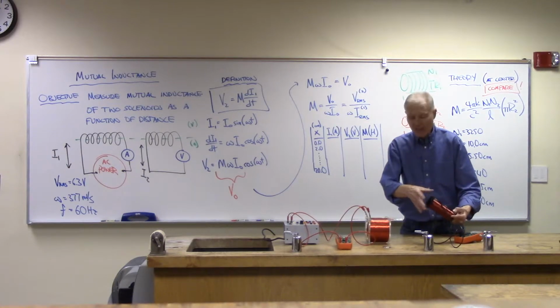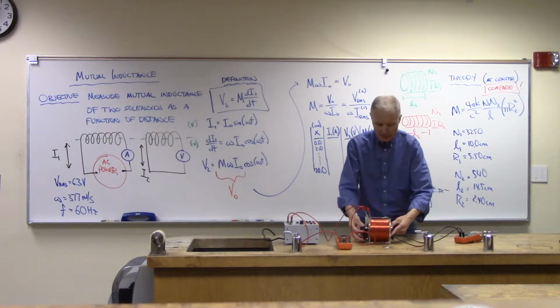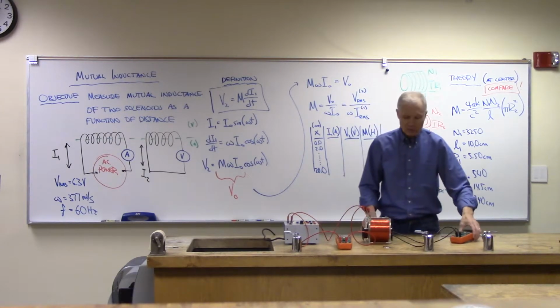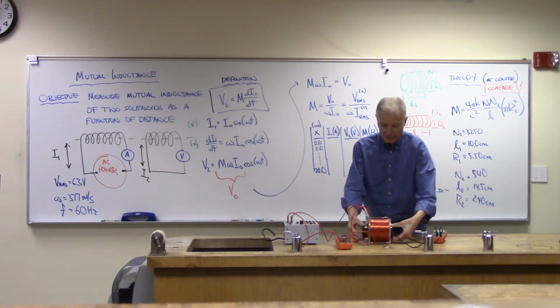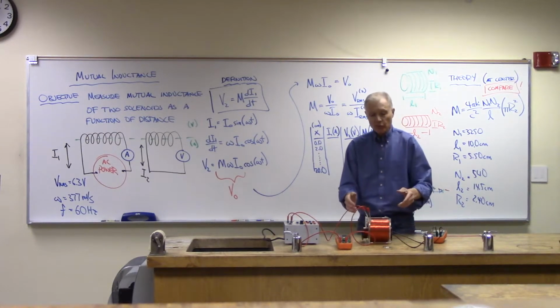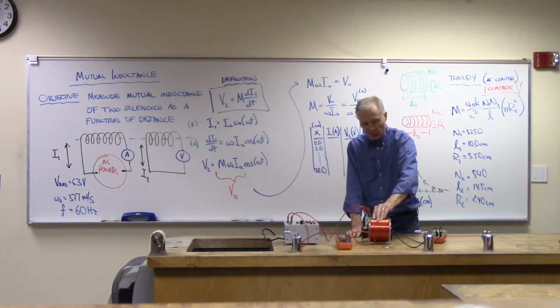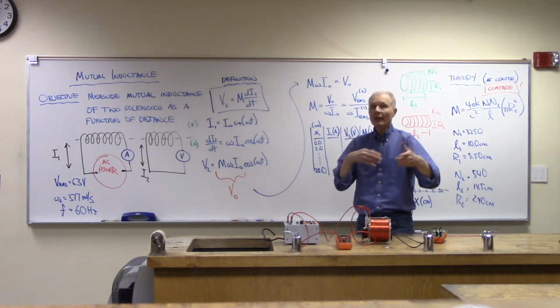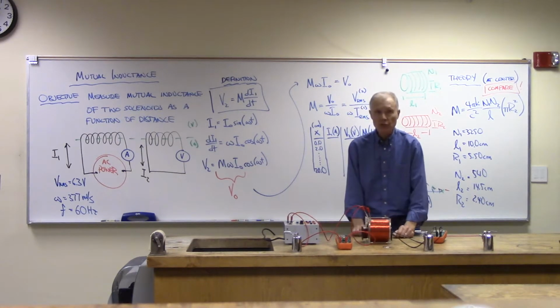I actually cut off the edges of this so that I can slide it right in so that they overlap. I'm thinking that's going to be the best mutual inductance, if I could just have these two completely overlapped. Then when these charges accelerate, they're going to generate large enough electric fields that they're going to set these other charges into motion.